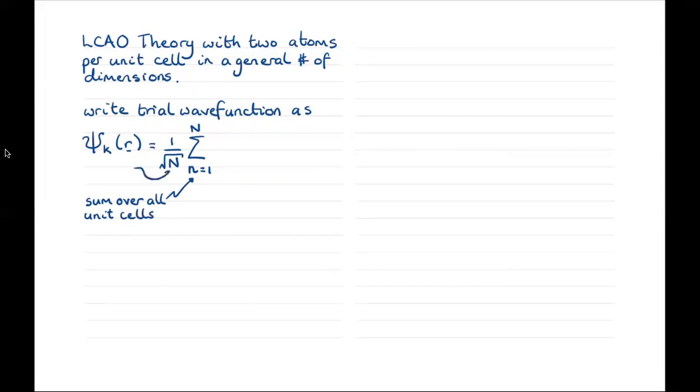So N here is the number of unit cells, which will be very large. Our wave function has the Bloch form, so it's e to the i k dot R sub n, where R sub n is now any lattice vector.